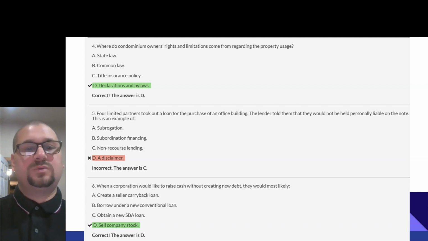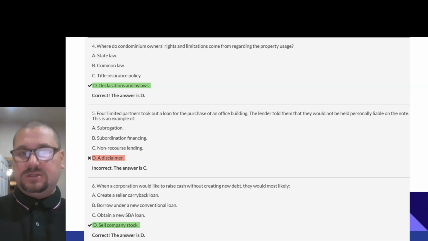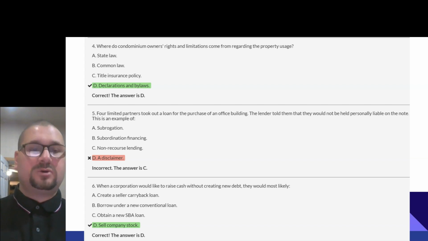Number 6, when a corporation would like to raise cash without creating new debt, they would most likely do what?